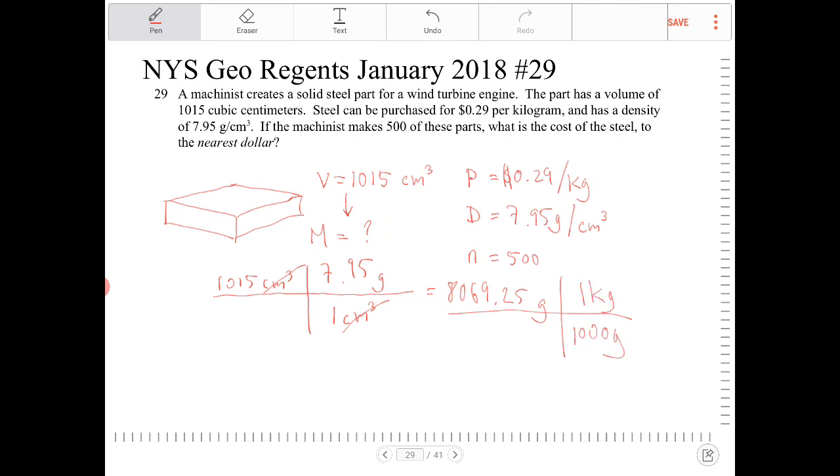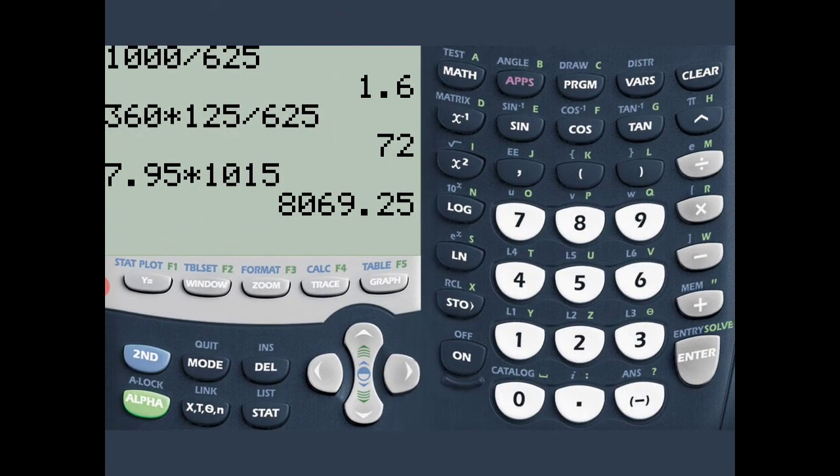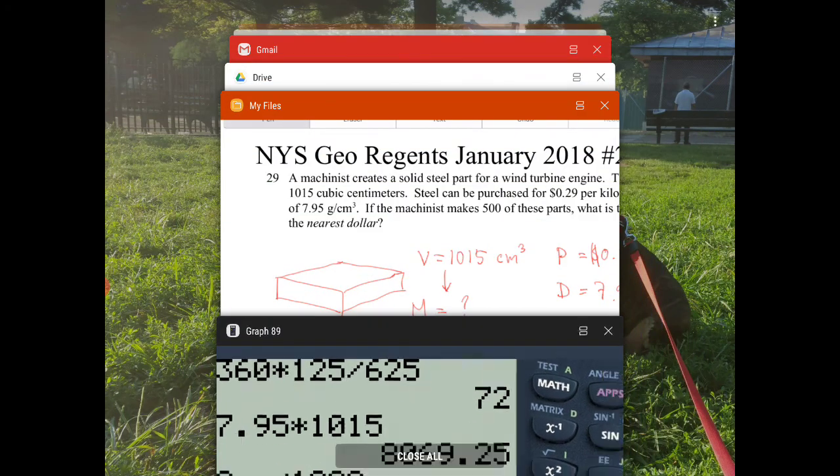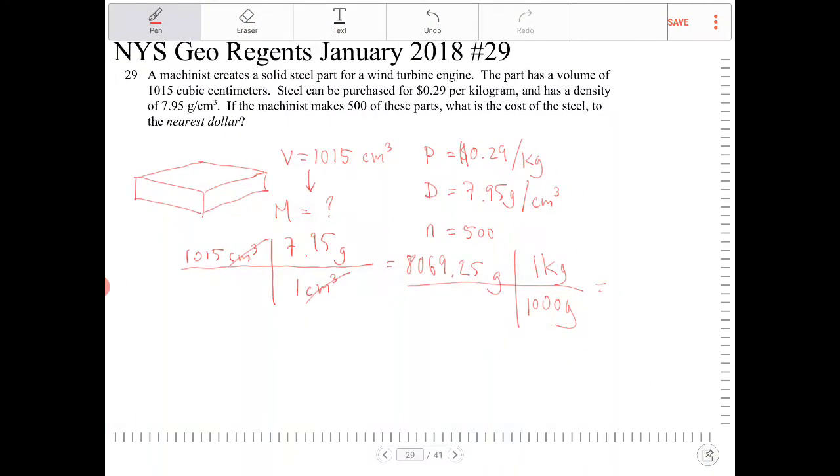So I'm going to take this and divide by 1,000. So I get 8.06925 kg.